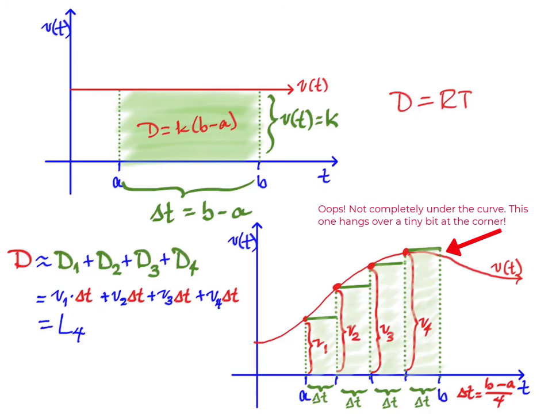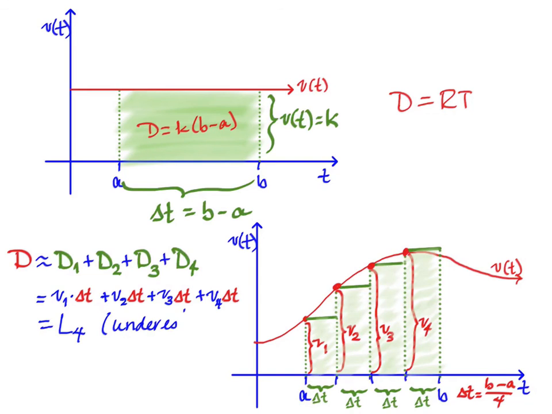L4 stands for 4 subintervals, left endpoints. So that's what we're doing. We're approximating the distance traveled using 4 rectangles with left endpoints, whose heights are calculated at the left endpoints. And we can see from the picture, this is an underestimate of the distance.